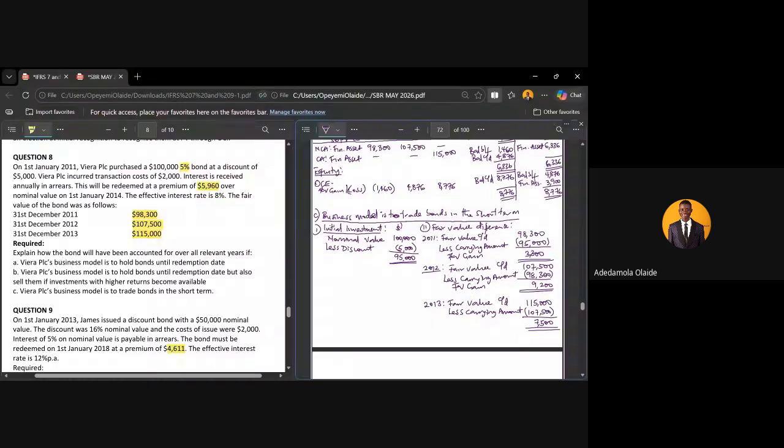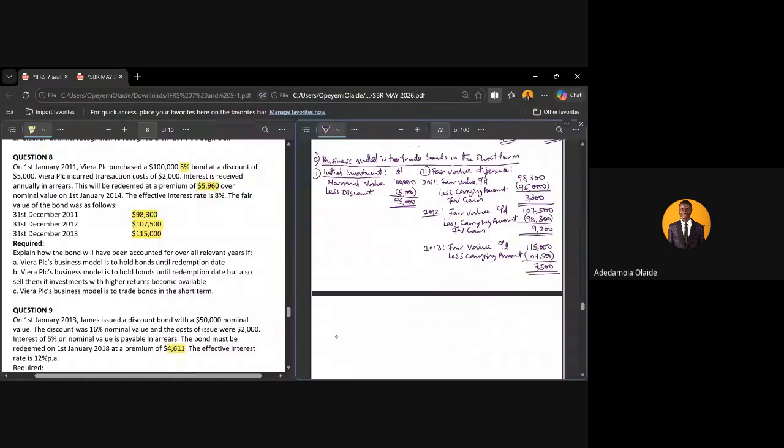So if that is the case, we can then go ahead to prepare our SOPL extract.